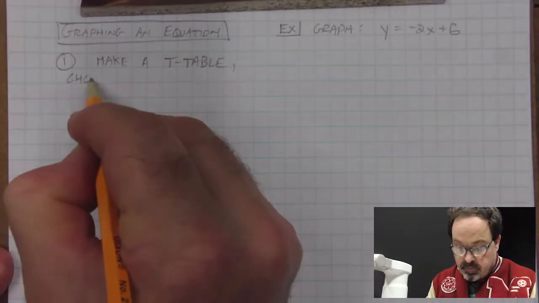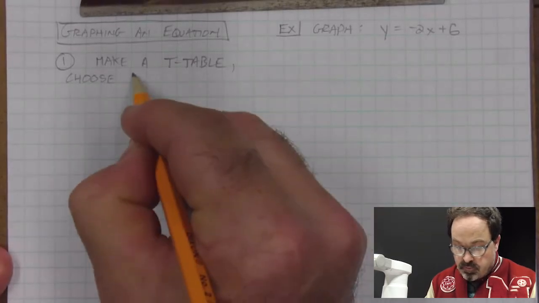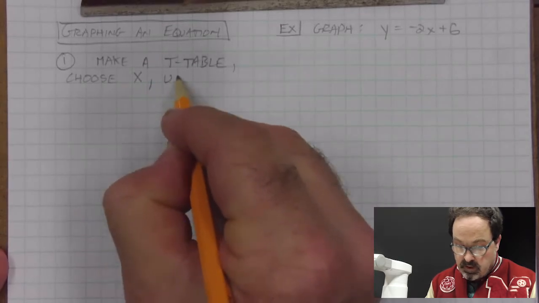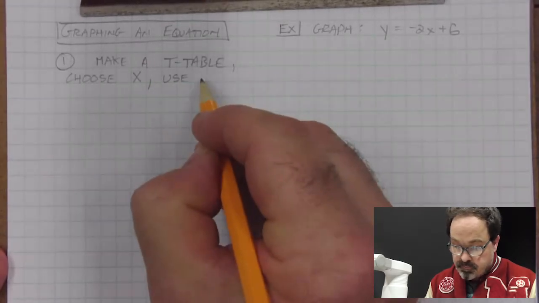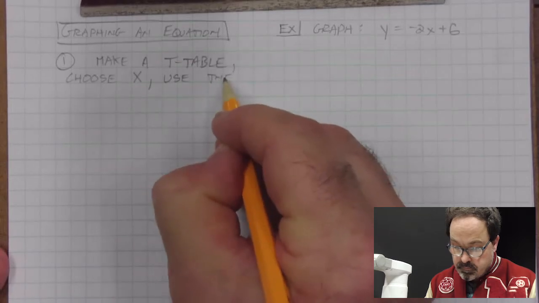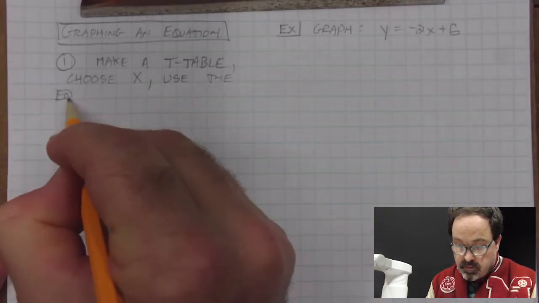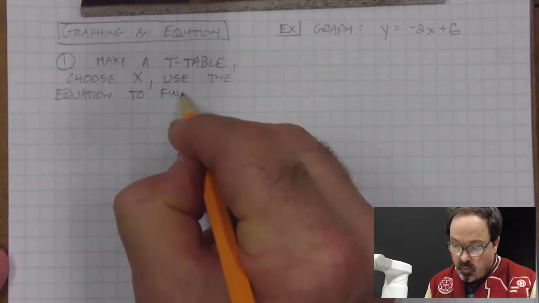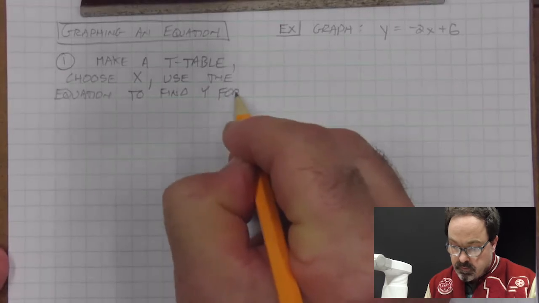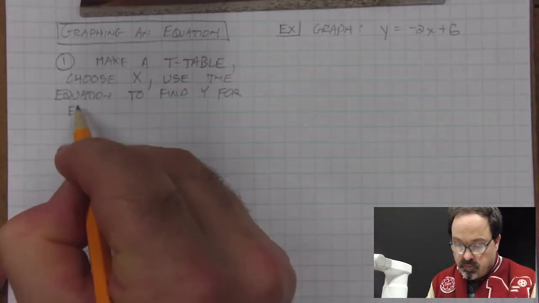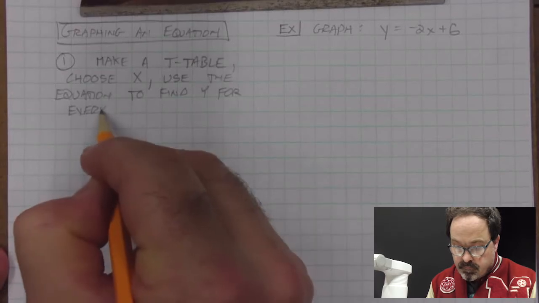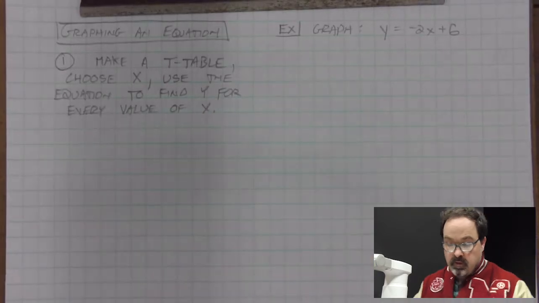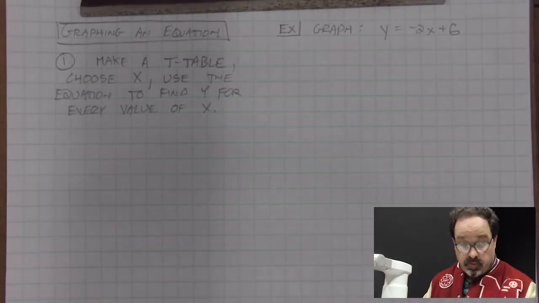In that t-table, we choose values for x, and then we use the equation to find y for every value of x that we chose. That's quite a bit, so let's do that.